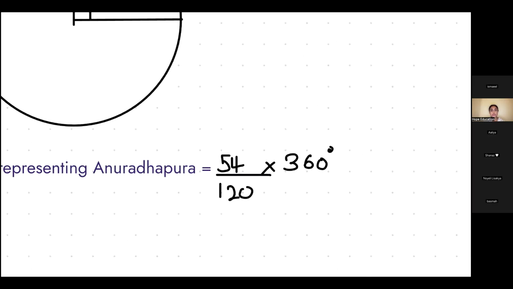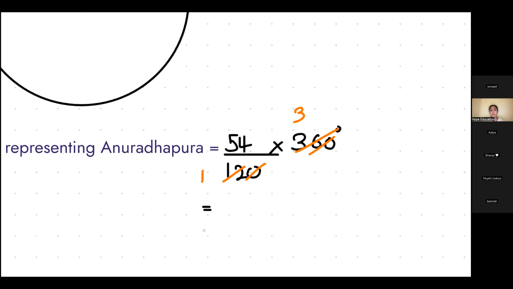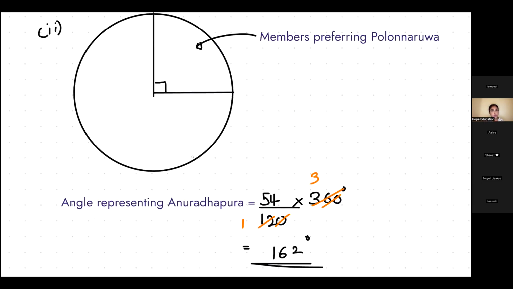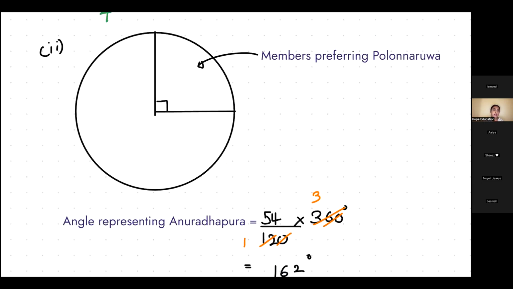So 12 times 3 is 36. 3 times 4 is 12, 1 remaining, 3 times 5 is 15, plus 1, 16. So 162. Now you have to measure 162 degrees using your protractor, mark it like this and label it as members preferring Anuradhapura.